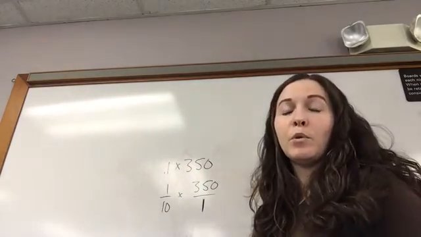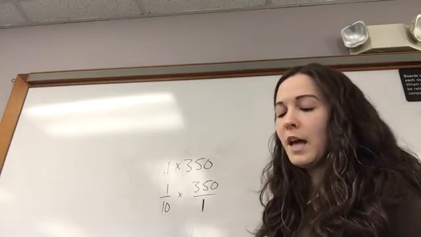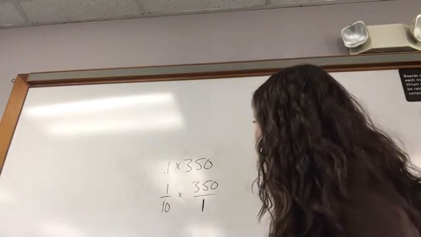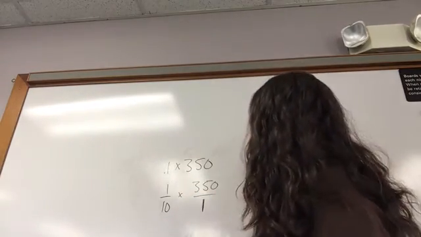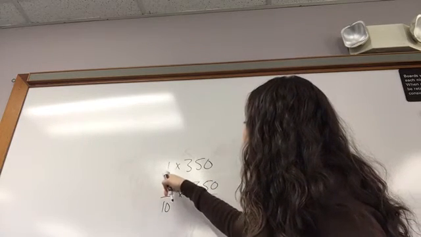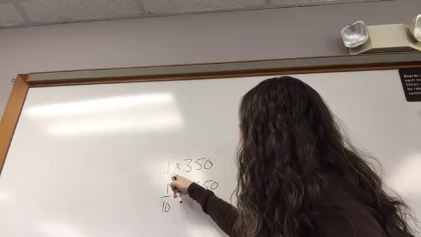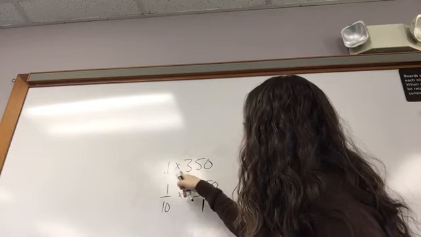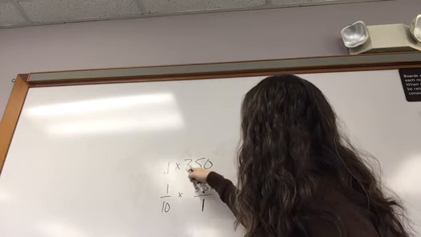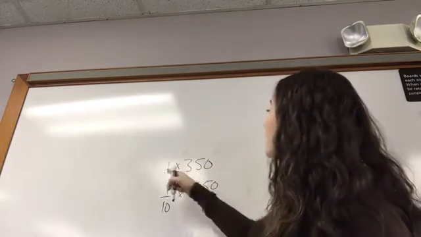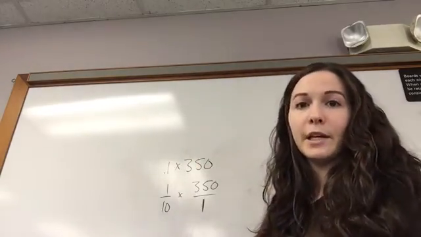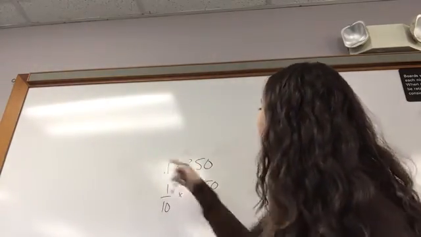Keep in mind that when we're multiplying with tens, all we have to do is count off our places. Once we multiply 0.1 times 350, we're multiplying by 1, so we're going to get the same number, but we do have the decimal point.